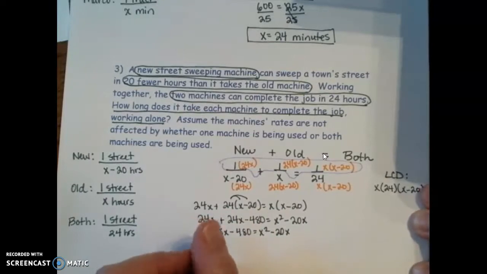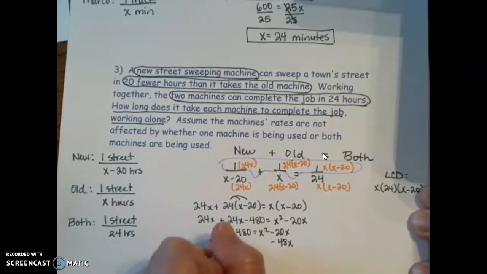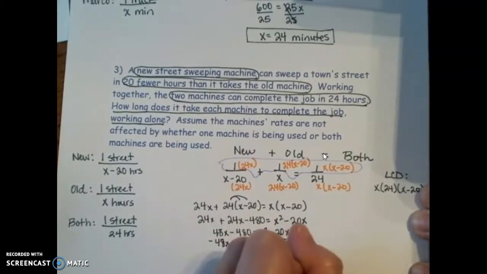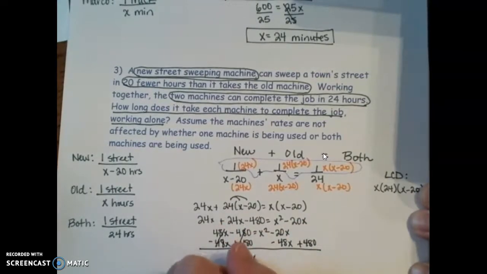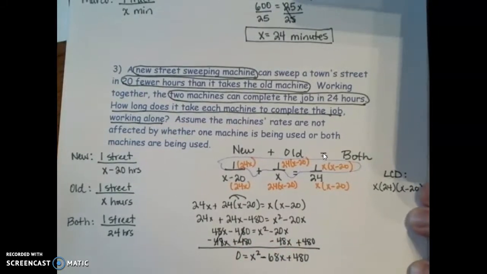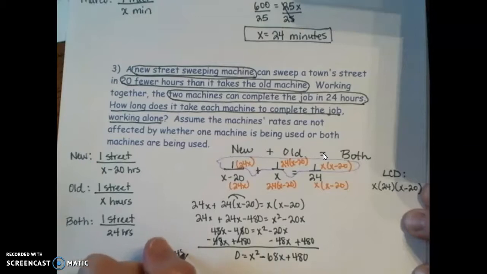So we're going to subtract 48x. I'm going to add 480. All that goes away. So we're going to have x squared minus 68x plus 480. And then we're going to factor that with AC. So for time purposes, I'm going to help you out here.